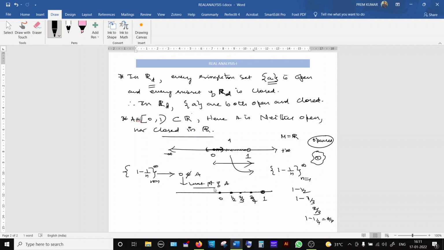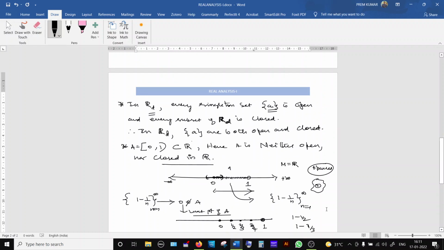So I gave one example of a sequence for which the sequence is inside A, but the limit is not inside A. That is the reason this set is not closed. Already I explained why it is not open. So you can make a note. This set [0, 1) inside R is neither closed nor open. In R^d, every singleton set is both open and closed. So these are the examples you have to keep in mind.